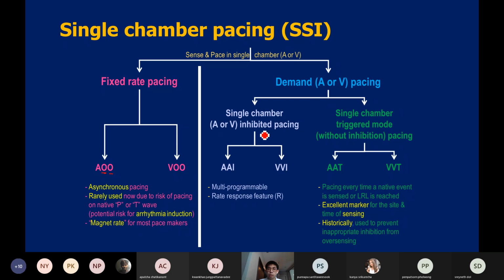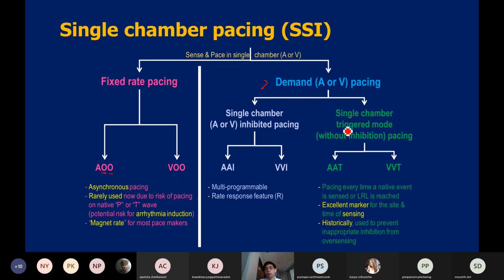The second mode is the demand mode. Demand pacing means that you only pace when the patient needs it. So the pacemaker needs to see the intrinsic activity of the patient so that it can decide to pace or not to pace.